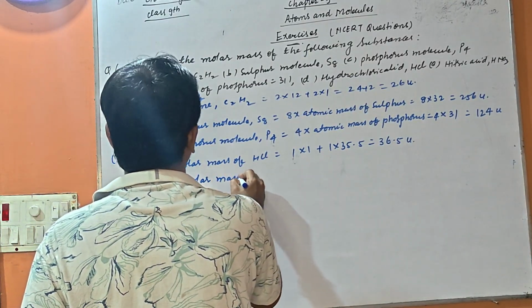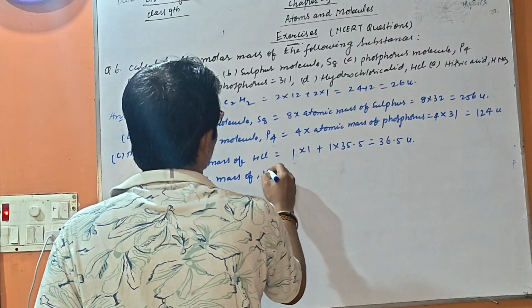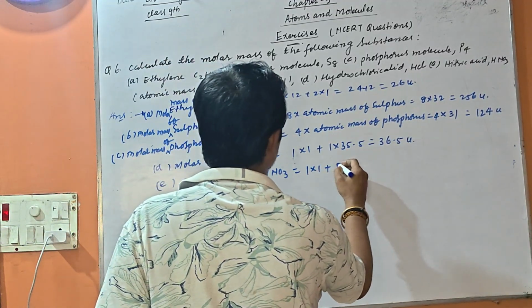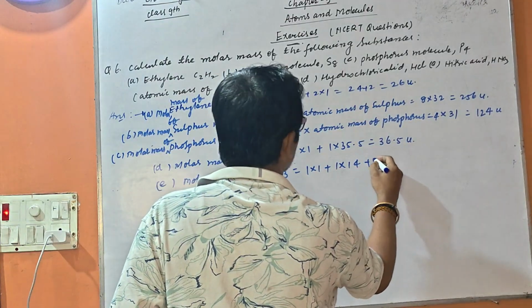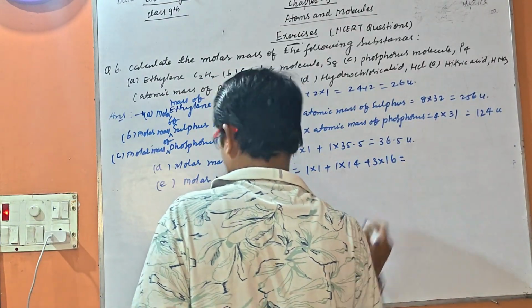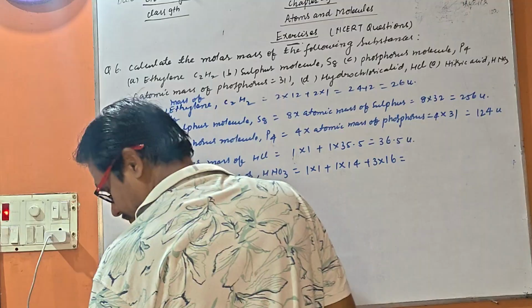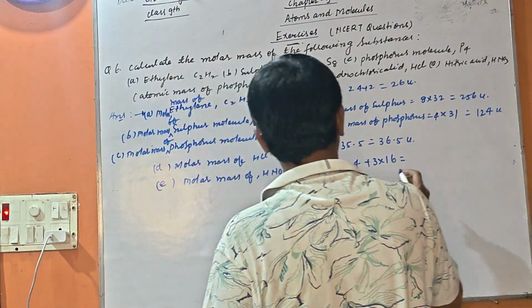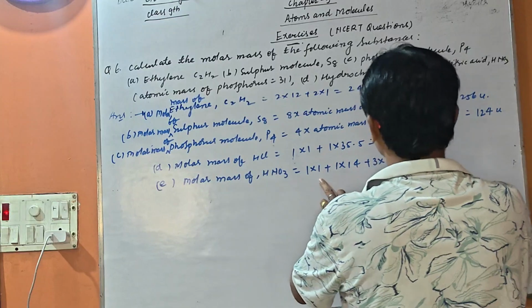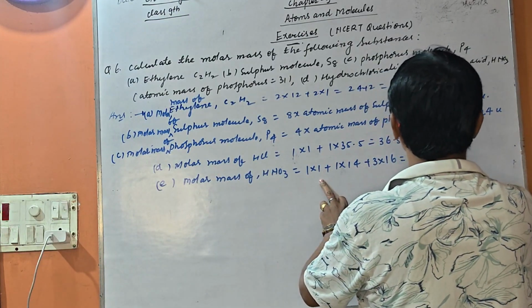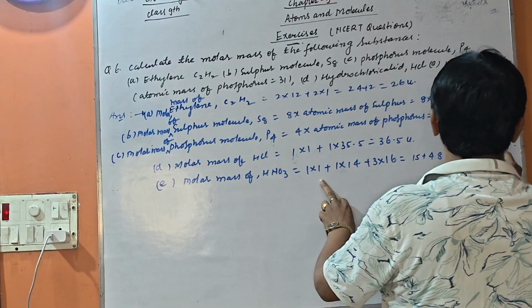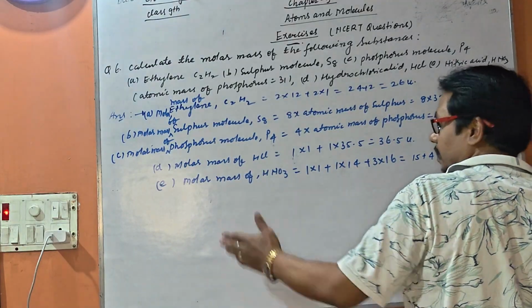Molar mass of HNO3 is equal to 1 into 1 plus 1 into 14 plus 3 into 16. That's all you have to calculate. So the calculation is 1 plus 14 plus 48, which is equal to 63. So these are the calculations and it's very understandable.